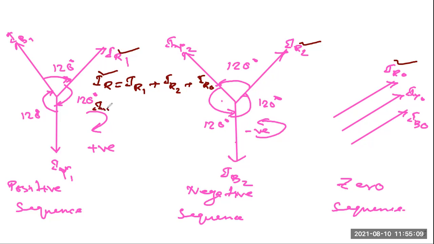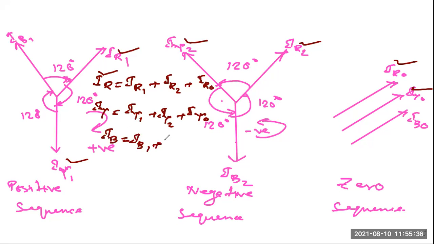Then IY equals IY1 plus IY2 plus IY0. Similarly, this one plus this one plus this one. Then IB will be equal to IB1 plus IB2 plus IB0. That means this plus this one plus this one. This will be your IB. So the phase currents, that is IR, IY and IB, we can calculate.